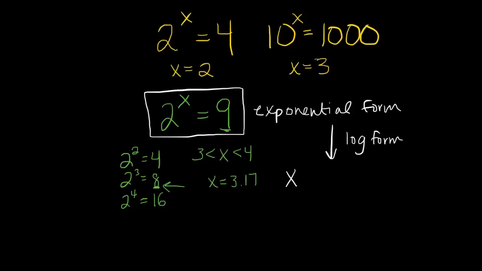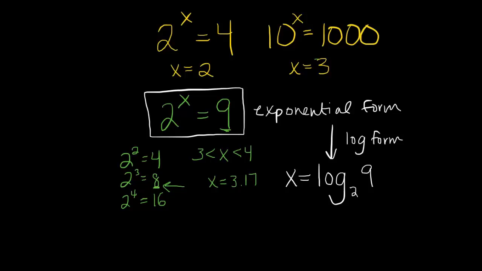I'm going to write it down right now and explain how I did that. So I'm going to say x equals log, which stands for logarithm, base 2 of 9. I'm going to say that again. Log base 2 of 9.